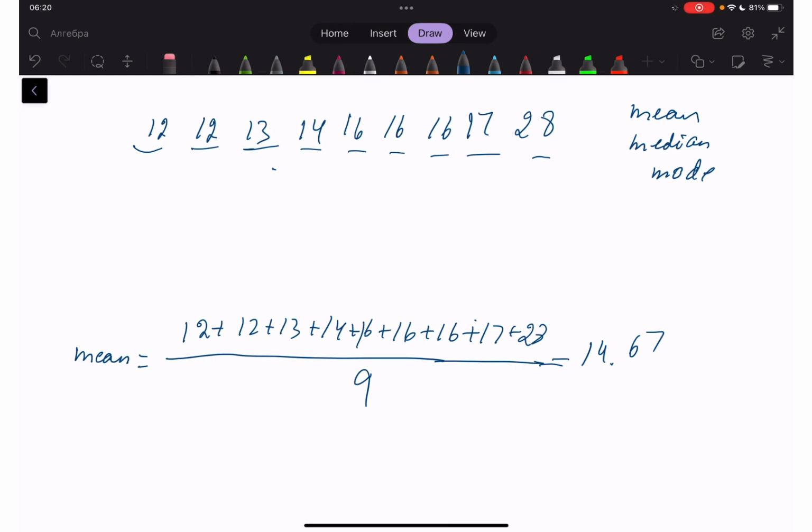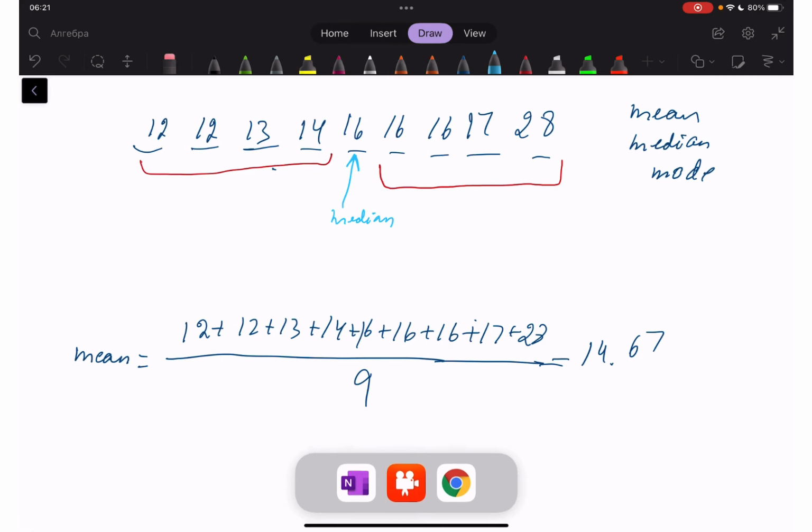If we have 9, so if I count from here, 1, 2, 3, 4, from here also 1, 2, 3, 4. How did I know 4? Because 9 divided by 2 is 4.5. So the whole number 4, and the half is creating this 16. This one is the middle position, and that will be my median. Okay, so 16.